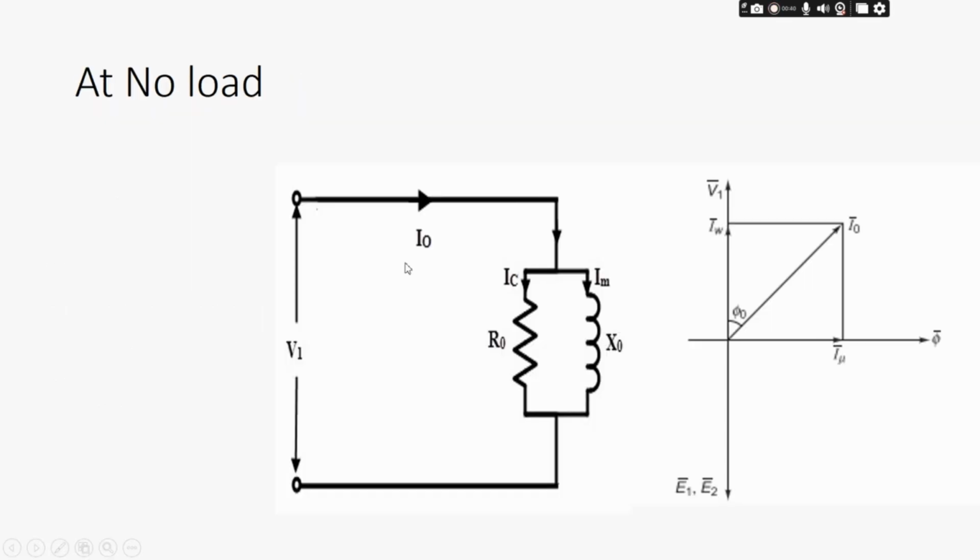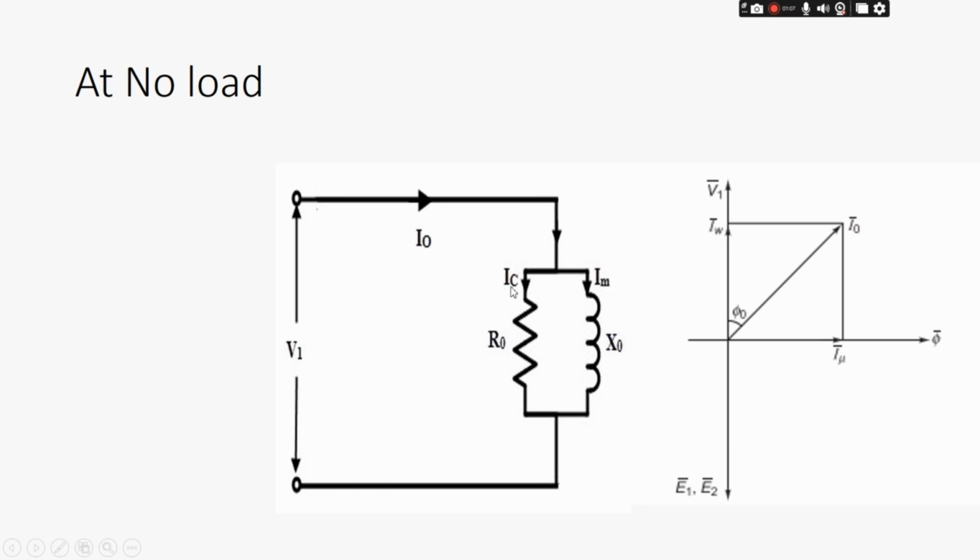Here we are providing some amount of current to set up the working flux. That means in the primary winding, we are putting some particular voltage, and that voltage is providing some particular current I naught. This current will always be a very small value, and this current will flow in the winding, and it will have two components.